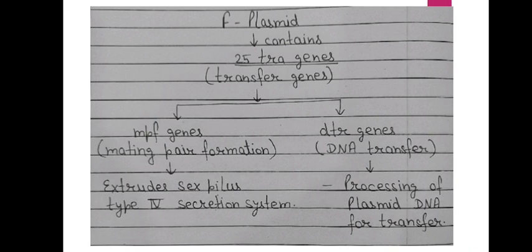MPF means mating pair formation. These genes help in extrusion of the sex pilus, and they also form the secretion system with the help of which DNA will be transferred. And DTR genes means DNA transfer genes. The products of these genes help in the processing of the DNA and make it ready to transfer.